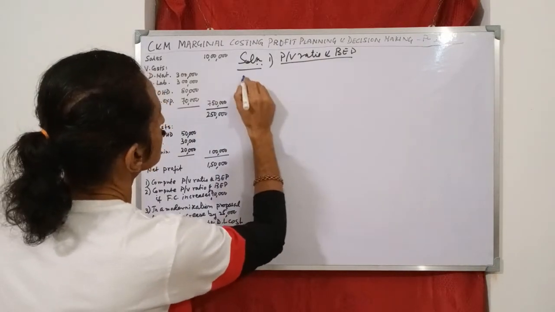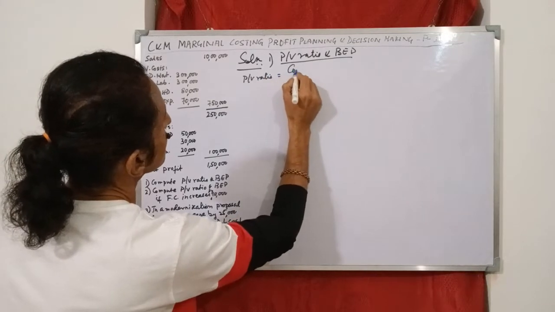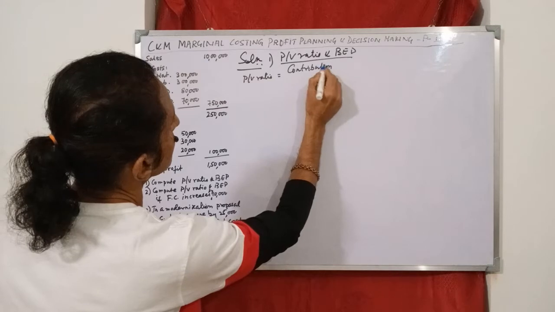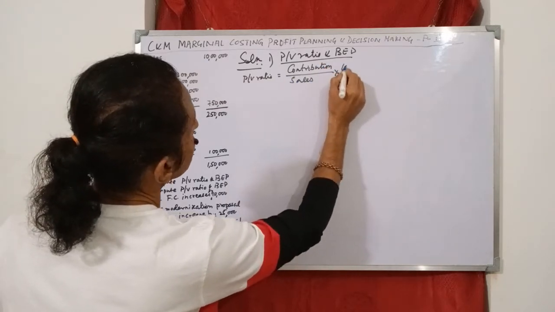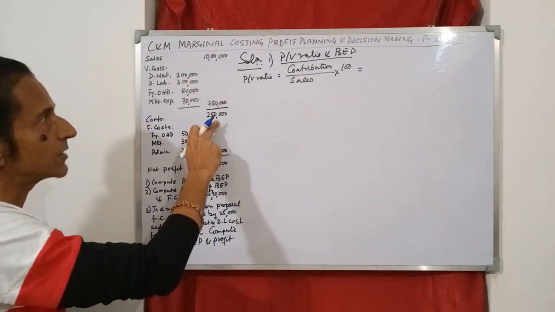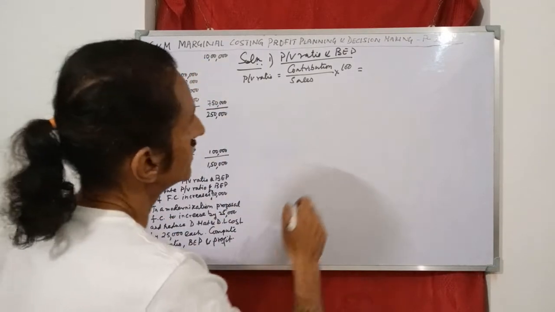PV ratio is equal to contribution over sales into 100, is equal to 250,000 divided by 1,000,000 into 100.